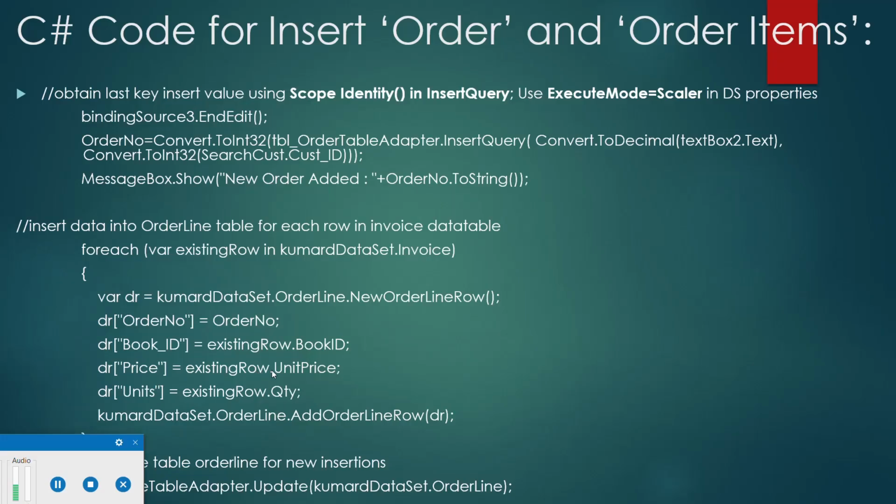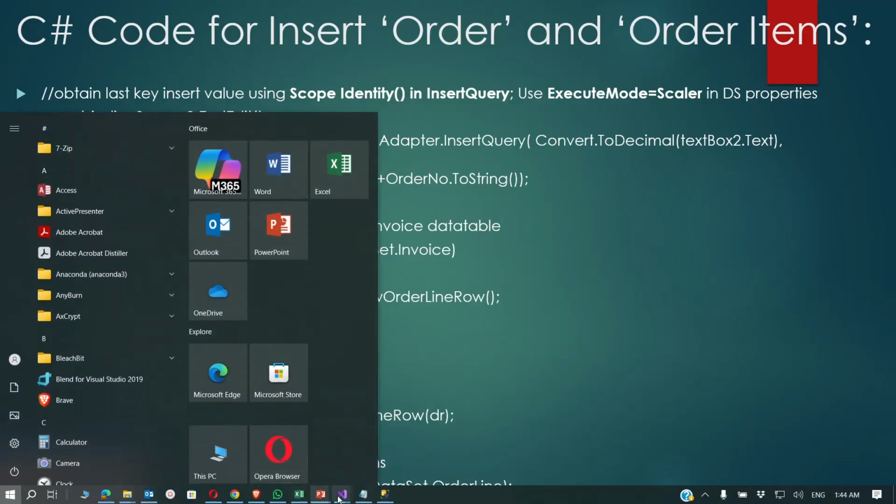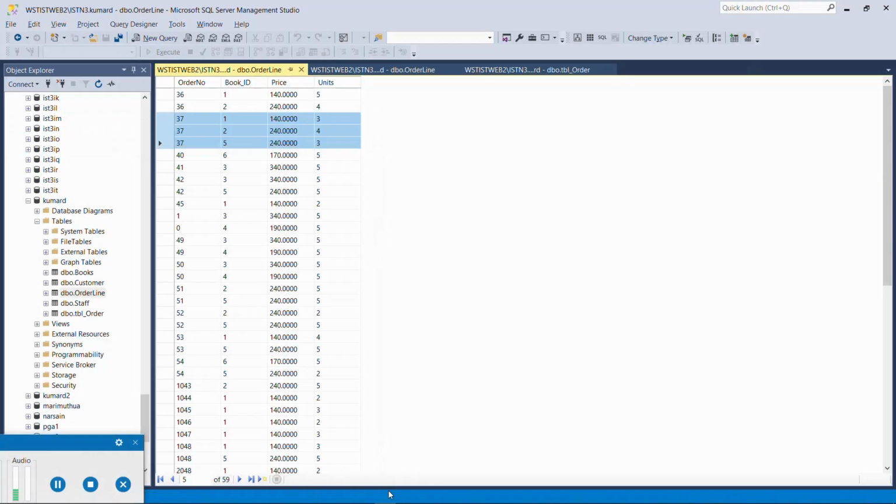Again, we have existing row.unit price. This is price as a field name in your order line table. Make sure when you are writing this code, you also have a look at your table, like order line here. You have order number, book ID as book_ID, and price and units.